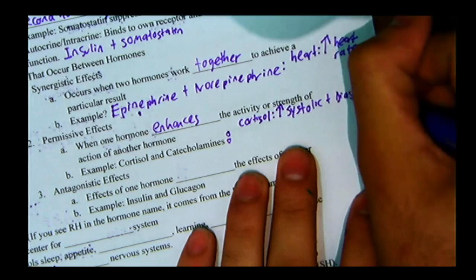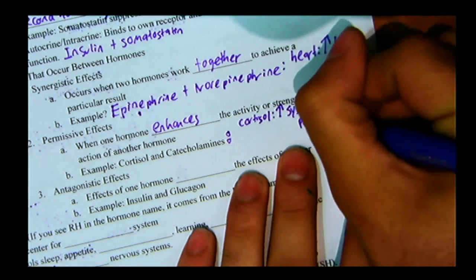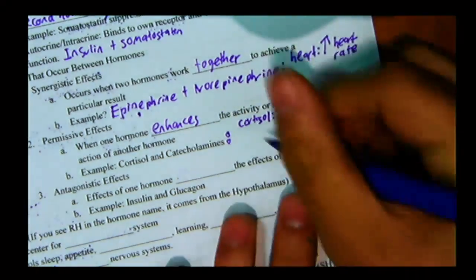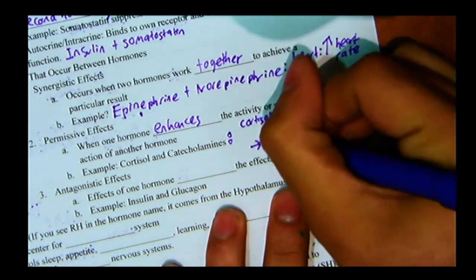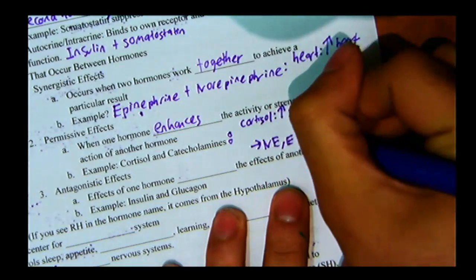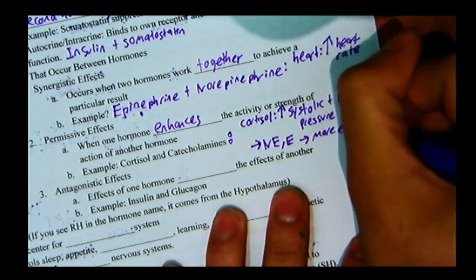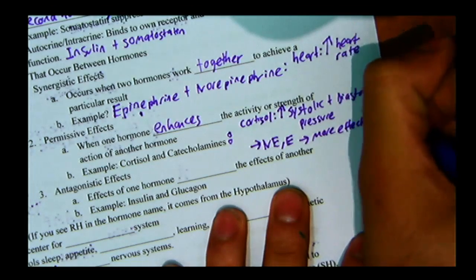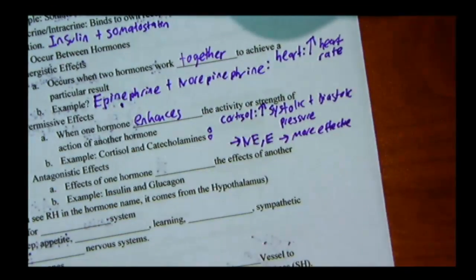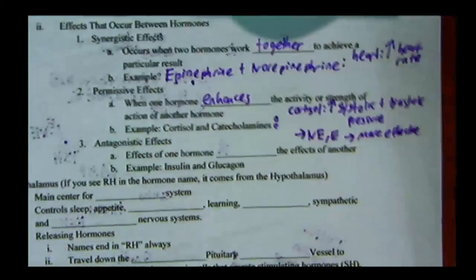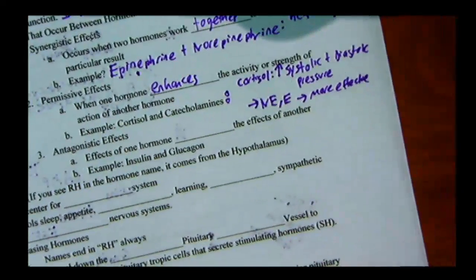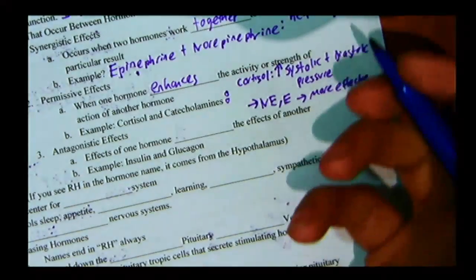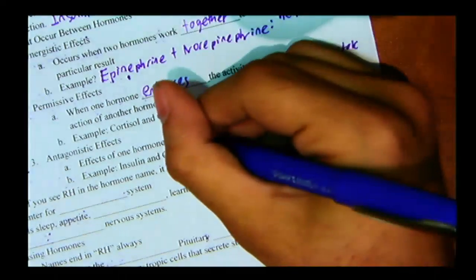Cool. Then we have antagonistic effects. That's when the effects of one hormone decreases the other. I was going to say antagonizes, but using the same word in the definition isn't very good. The example is insulin and glucagon. Since they react at different times, we're going to talk about each one.